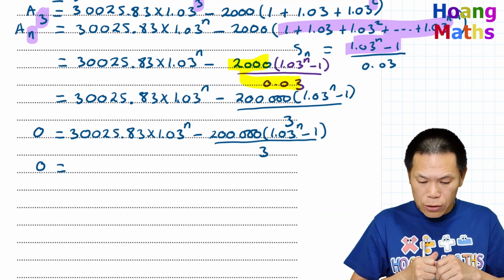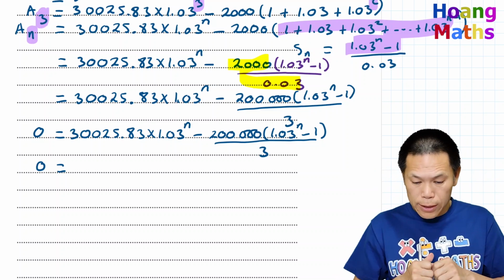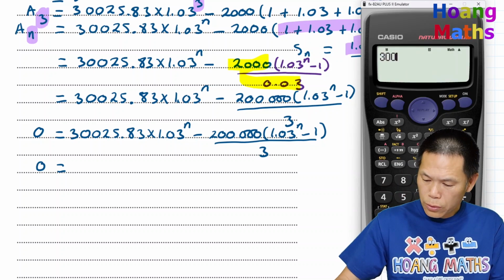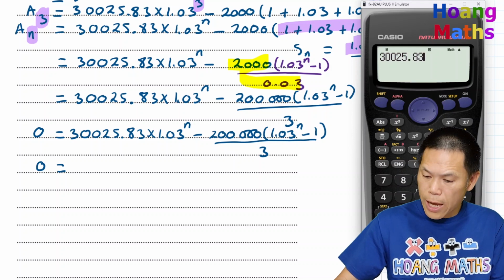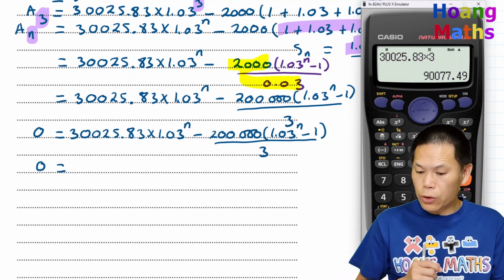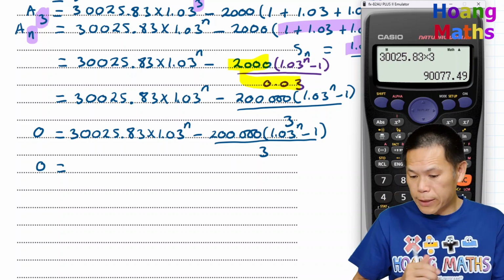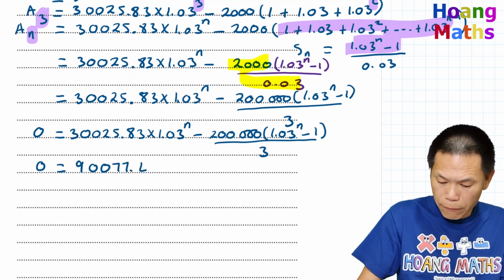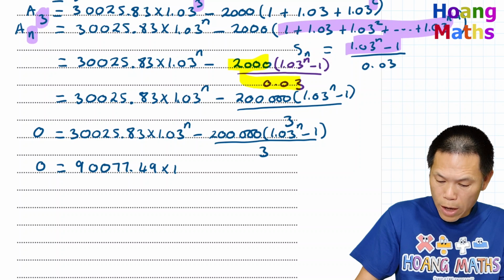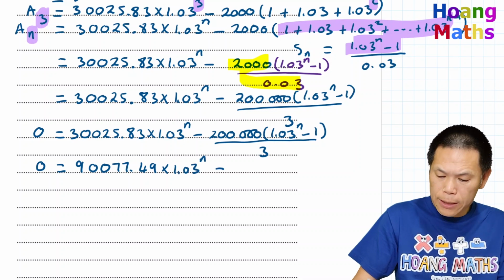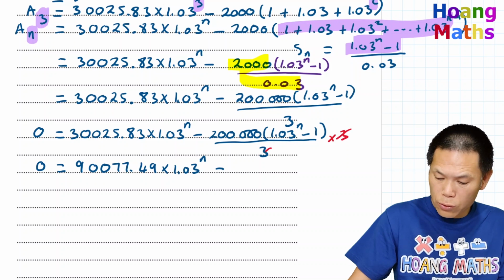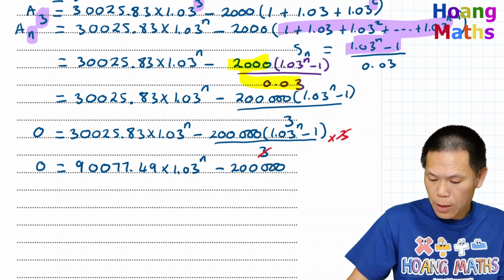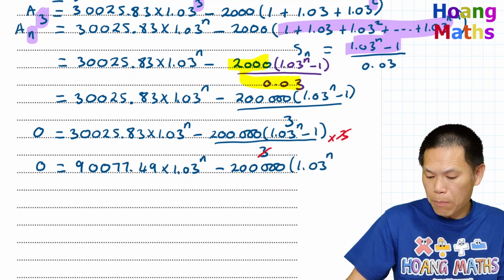And we have $30,025.83, and we just times by 3. So 30025.83 times 3, there you go, is 90077.49. So 90077.49 times 1.03 to the power of n, we minus. So this term here, we times 3, so that 3 cancels out, don't forget. So that becomes 200,000 times 1.03 to the power of n minus 1.